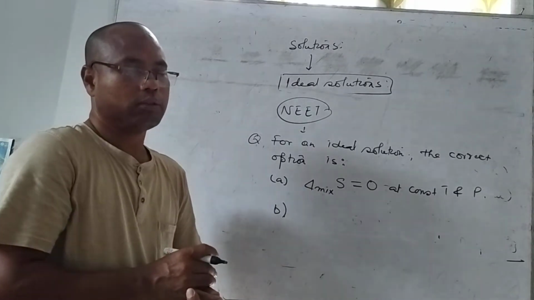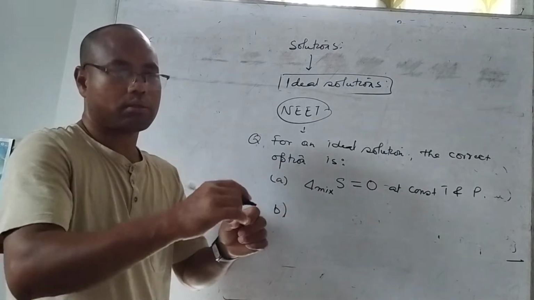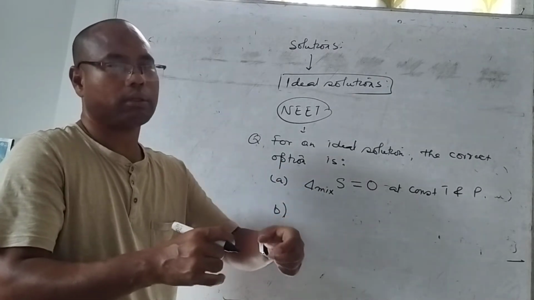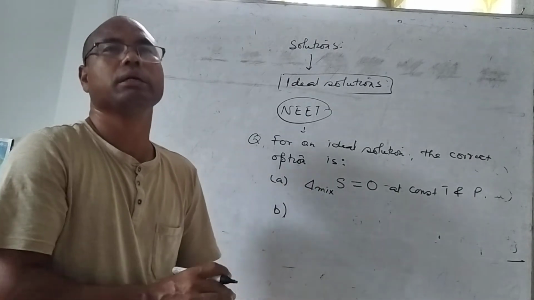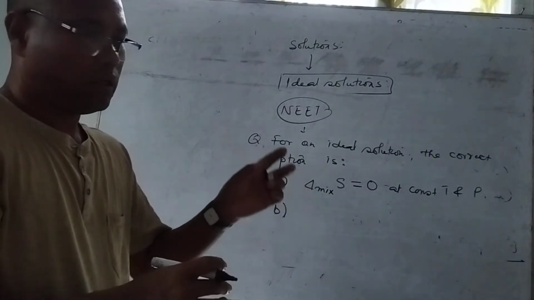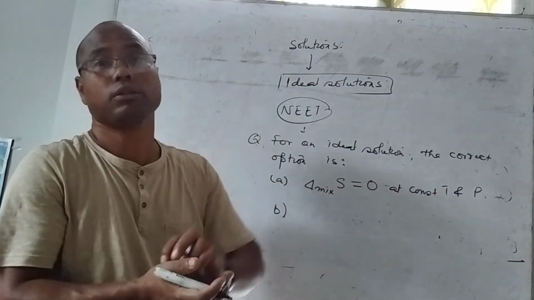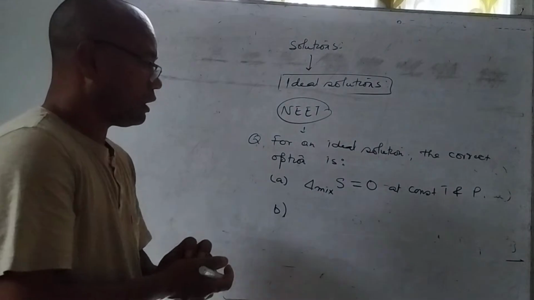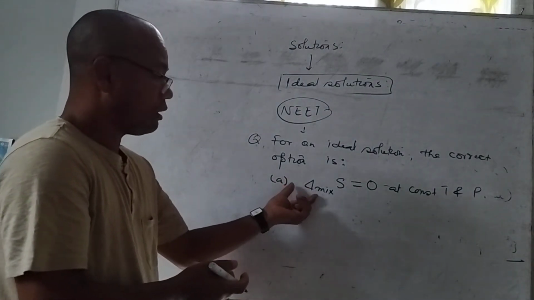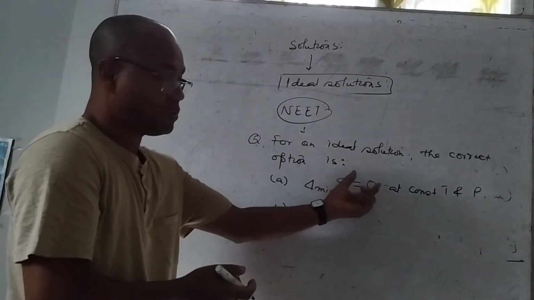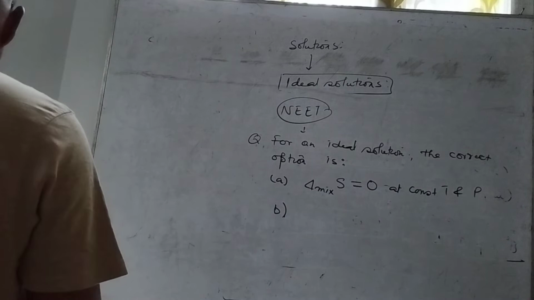So when we mix together, the entropy of the solution will obviously increase, which means randomness will increase. So this is not the correct one, because here the delta mixing entropy is equal to 0, meaning it remains unchanged. That's not for our ideal solution.